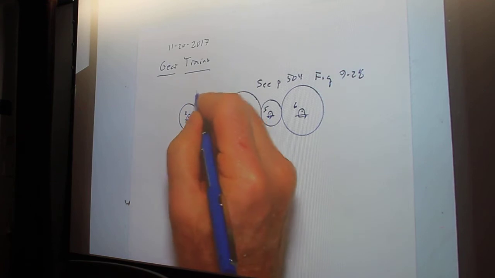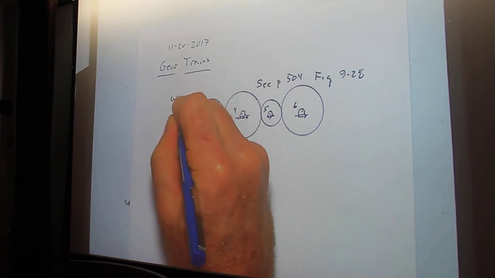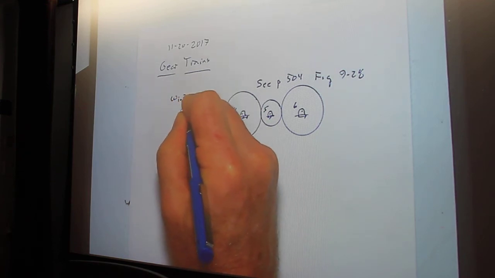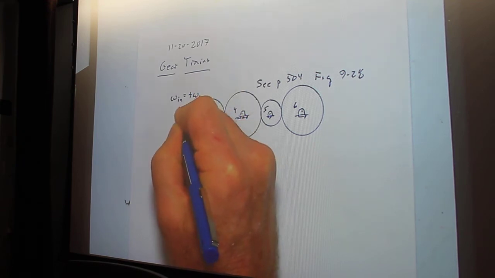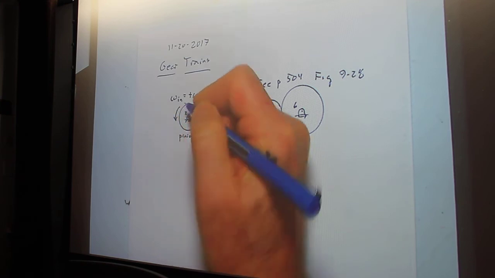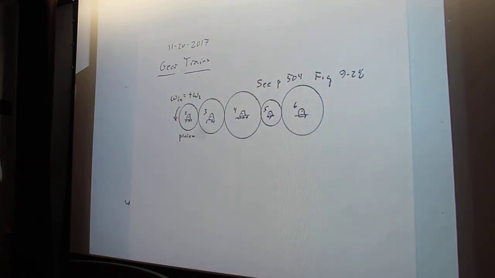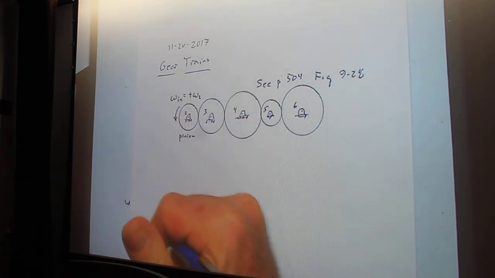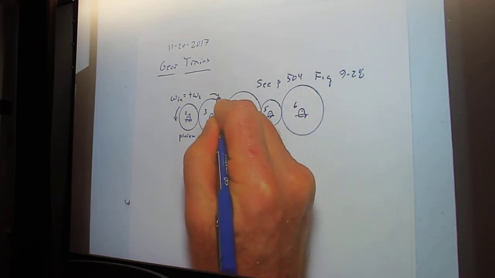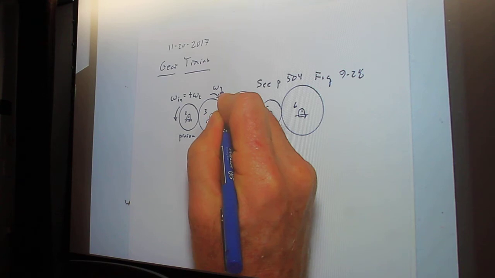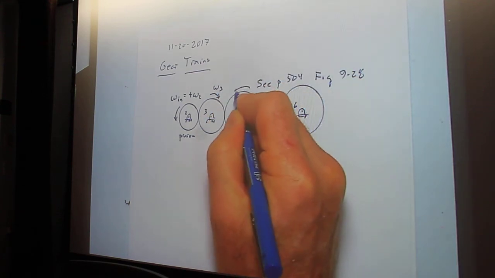And then you may have your omega n set to plus omega 2. So that means that this is rotating this way. This is your omega 2. If omega 2 is rotating like that, omega 3 is going like this. Omega 4 is going like this.